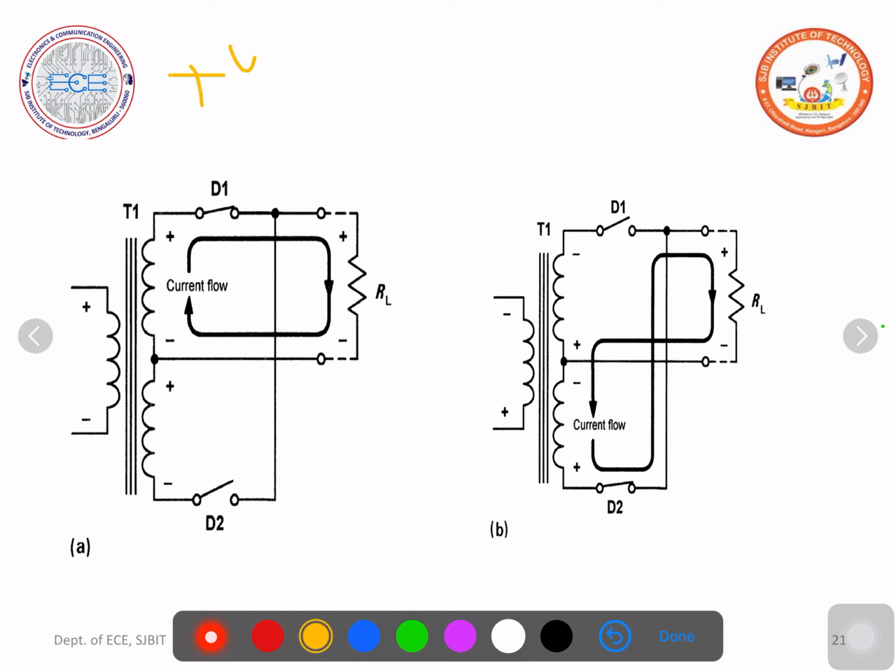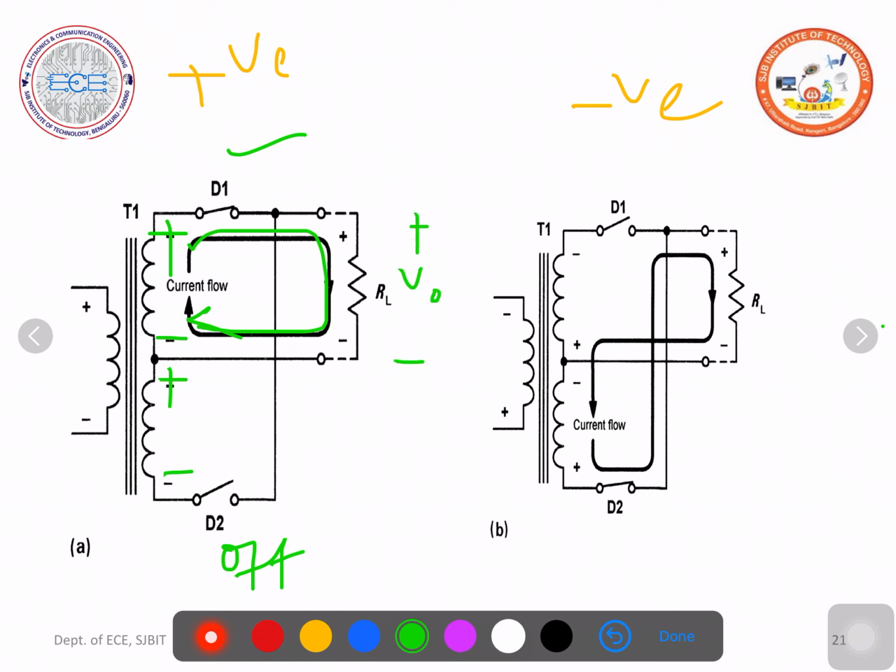This is during the positive half cycle, this is during the negative half cycle. In the positive half cycle, this terminal is positive, this is negative. D1 is on, D2 is off, so the current flows in this direction, and you get the output voltage. This output voltage will be the same as the secondary voltage minus the voltage drop across the diode, that is 0.6 volts.